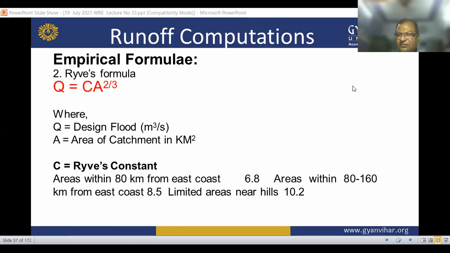Now empirical formula. The Ryves formula is Q equals C times A to the power 2/3, where Q is the design flood in cubic meters per second, and A is the catchment area in square kilometers. C is 6.8 for areas within 80 kilometers from the east coast, 8.5 for areas within 80 to 160 kilometers from the east coast, and 10.2 for areas limited near the hills.